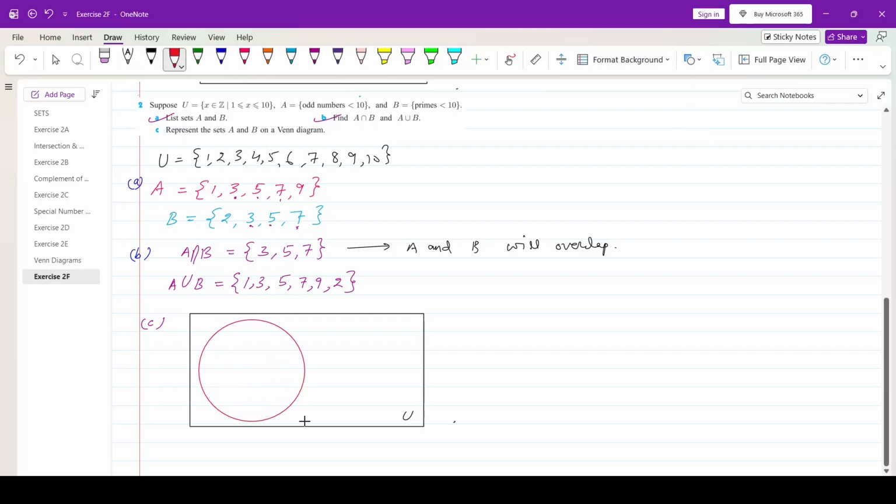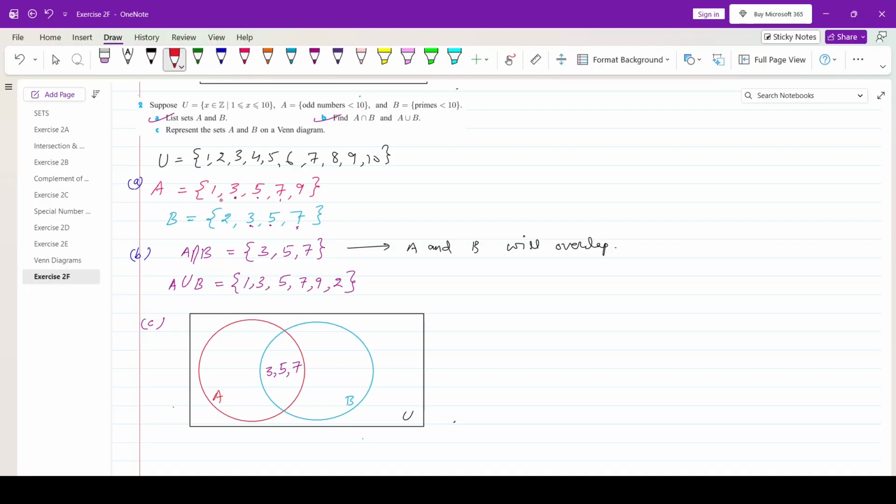A is going to look like this and B is going to look like this. We know A intersection B is 3, 5 and 7.